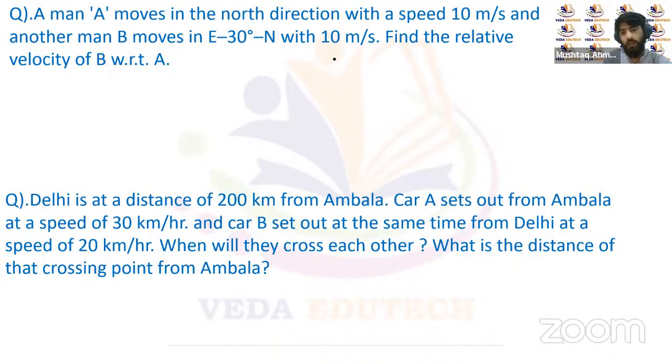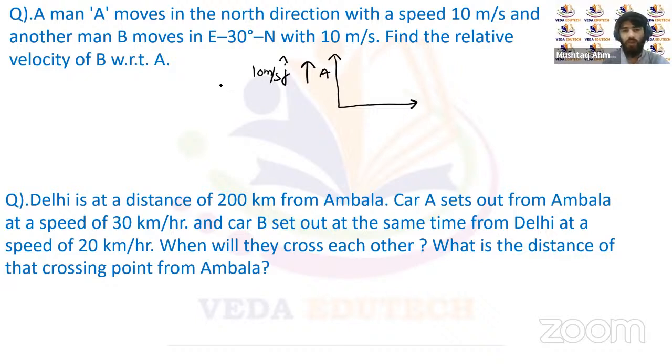Let's draw the situation here. Man A moves in the north direction with a speed of 10 meter per second, so I can write it as 10 j cap. And another man B moves in east 30 degree of north.